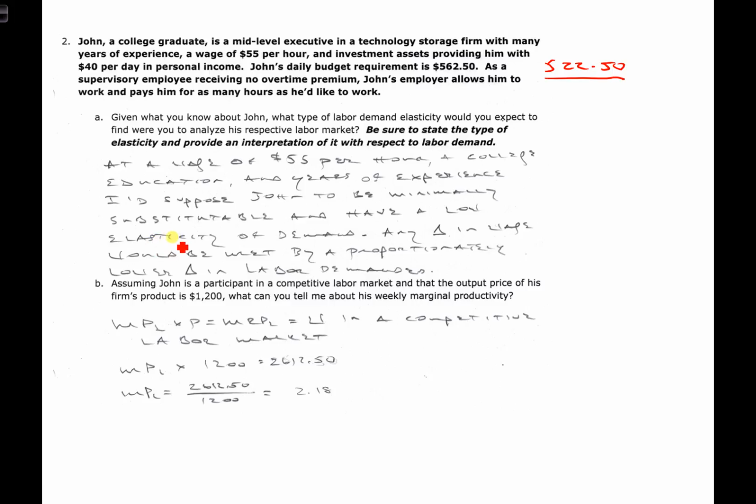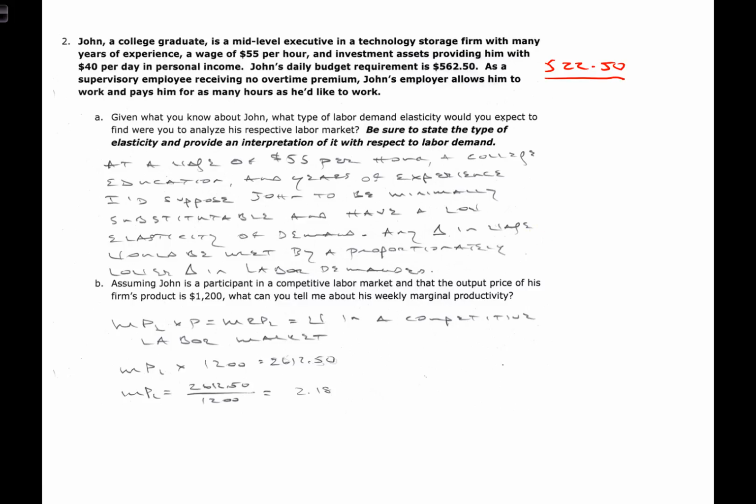I would think that to be true. At that wage, at that high skill level, probably very minimally substitutable by another type of labor. So it's going to be relatively inelastic, which simply means that any percent change in wage would be met by a proportionally lower percent change in labor, such that the numerator is smaller than the denominator, and it's going to be less than 1.